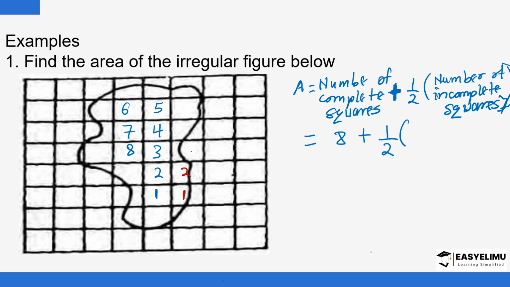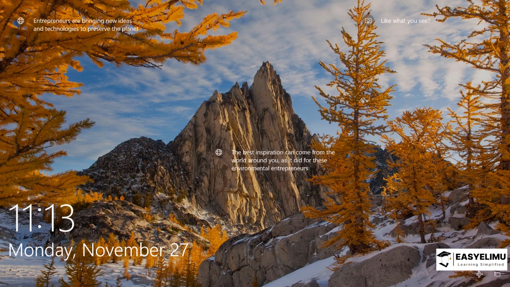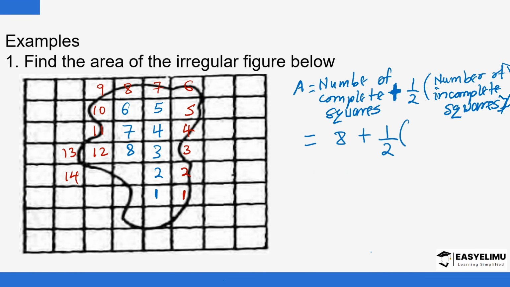So I have 1, 2, 3, 4, 5, 6, 7, 8, 9, 10, 11, 12, 13, 14, 15, 16, 17, 18, 19, 20, 21, 22.